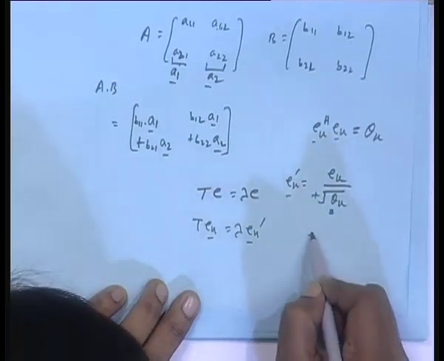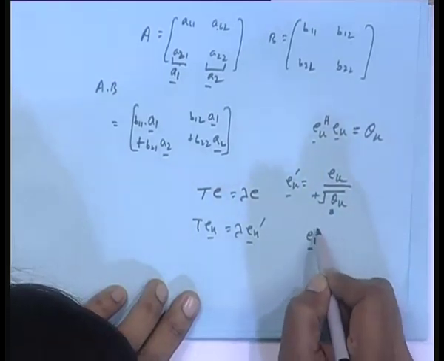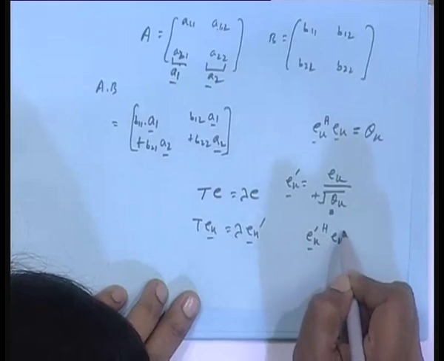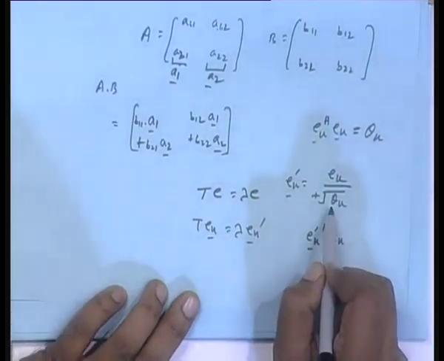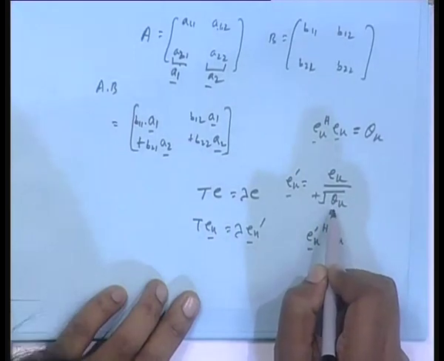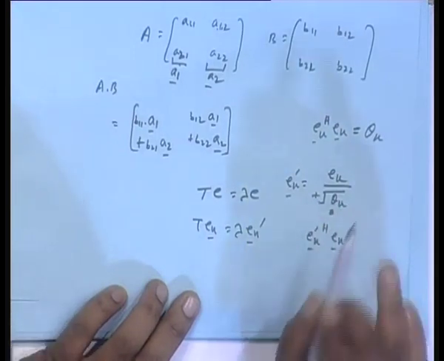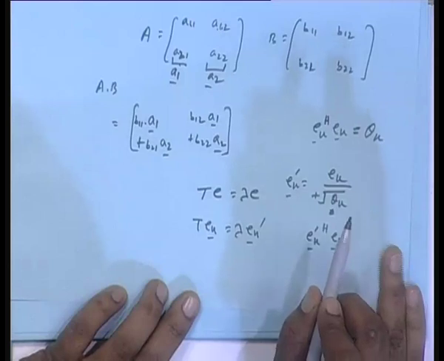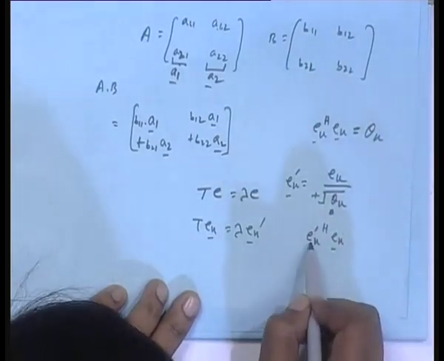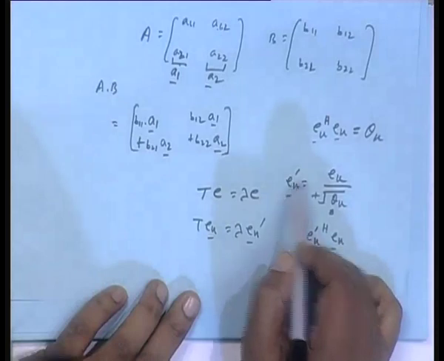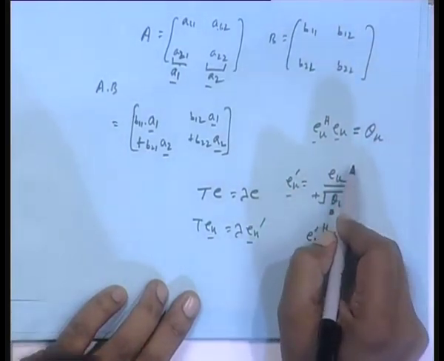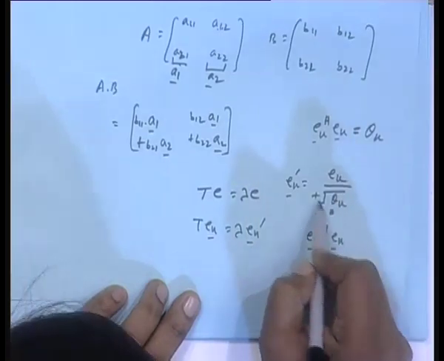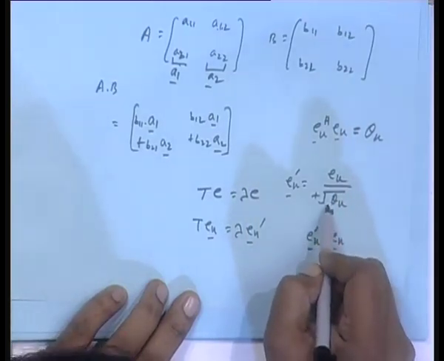But what is the advantage of this E k prime? What is the norm square of E k prime? E k prime Hermitian with E k prime. This is a scalar, and what kind of scalar? Positive real. So, you cannot conjugate it. When you take the Hermitian of it, this will become a row vector with conjugate. So, this will get Hermitian transposed, but this will remain as it is, because this is a real fellow.